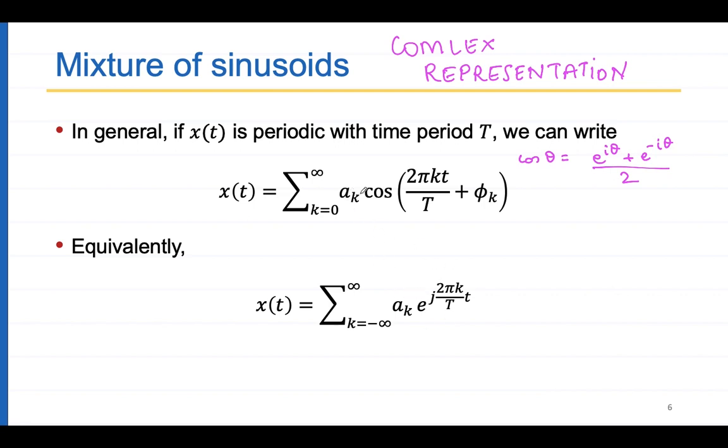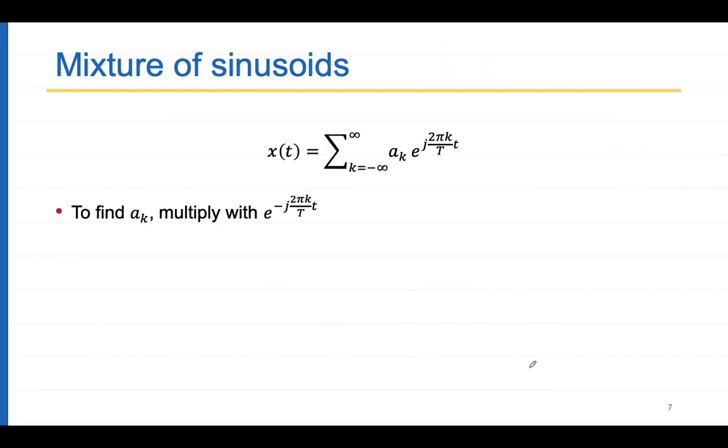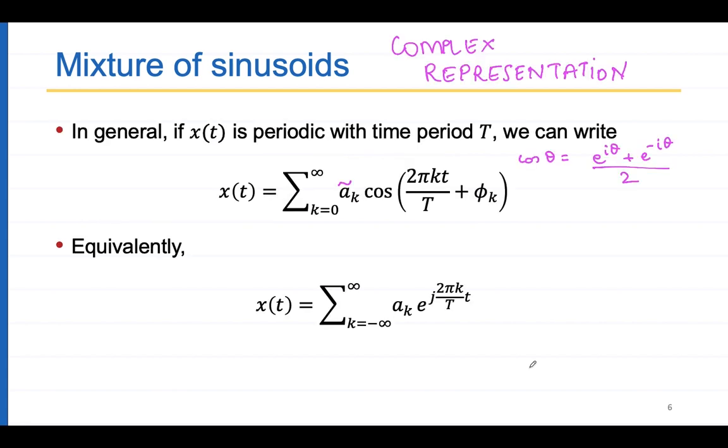These two a_k are not the same, so I can call it a_k tilde, which absorbs the phase also. So this is a complex representation for a sinusoid. Now, let us say I am given a mixture of sinusoids. So basically this same representation.